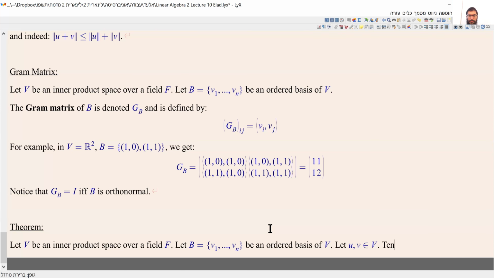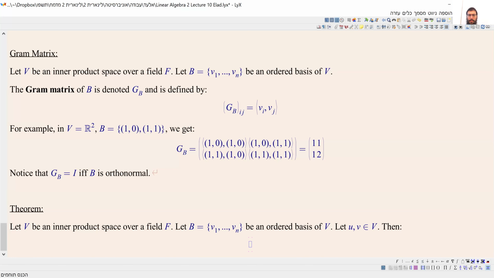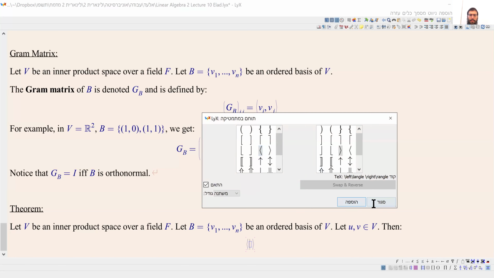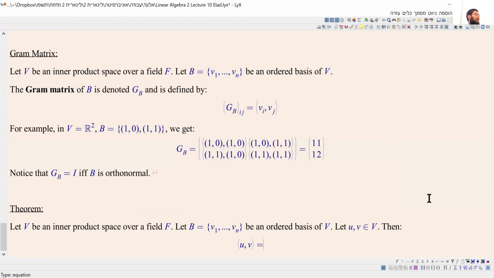Then one can write the inner product between two arbitrary vectors u and v using the Gram matrix in the following way.